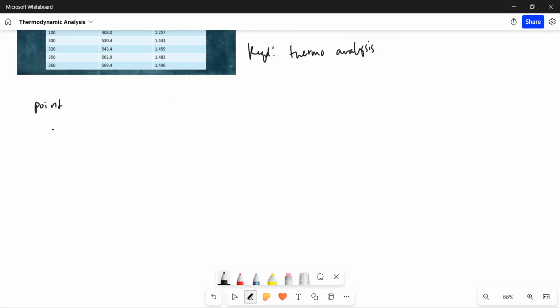So this is point 1, point 2, point 3, and this is H in BTU per pound, and then S in BTU per pound Rankine.